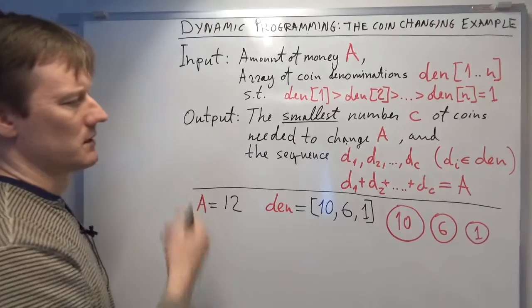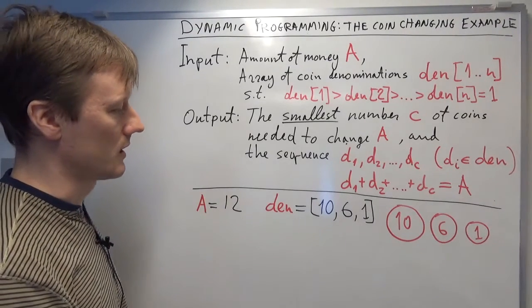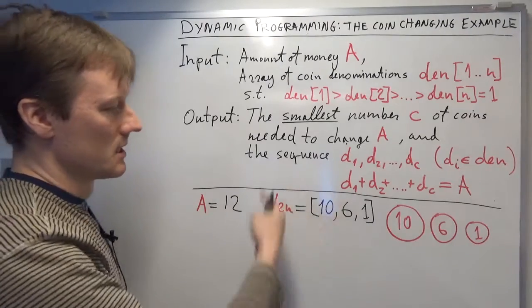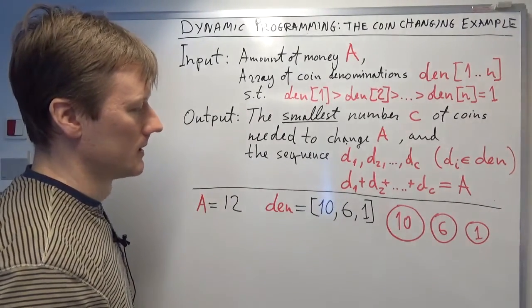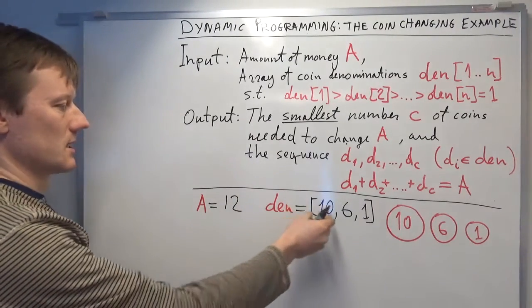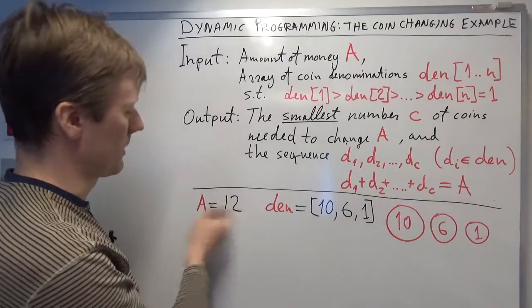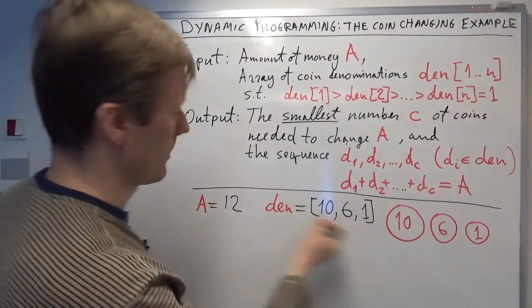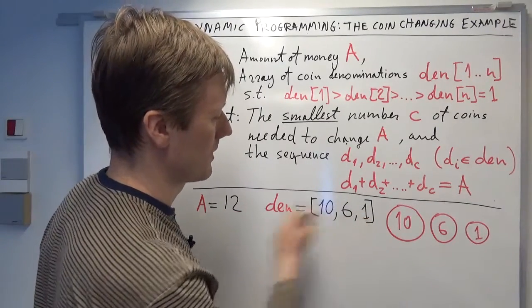One possible strategy of trying to take as large denominations as possible right away would mean that, okay, let's take 10 krona. Then we are left with 2 krona, and then the only way to change 2 krona is to use two 1 krona coins.